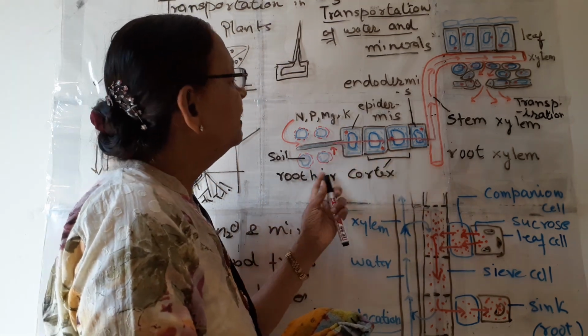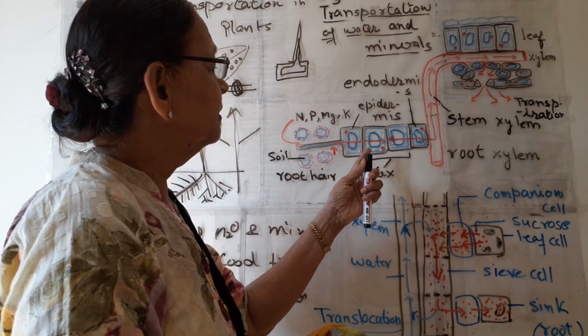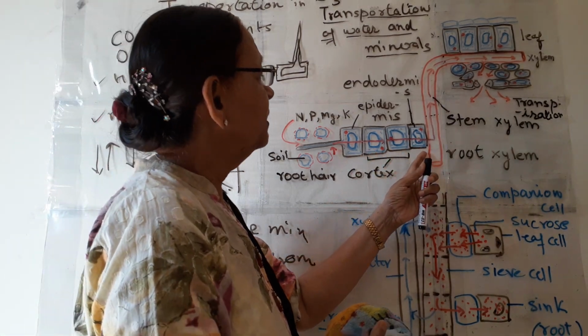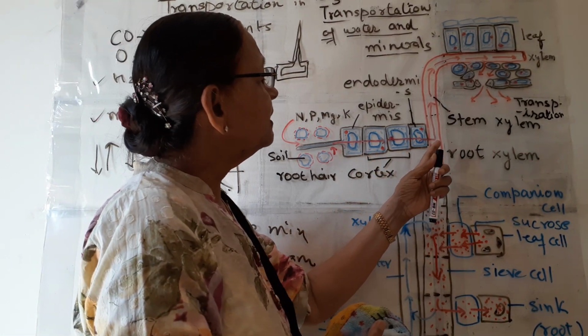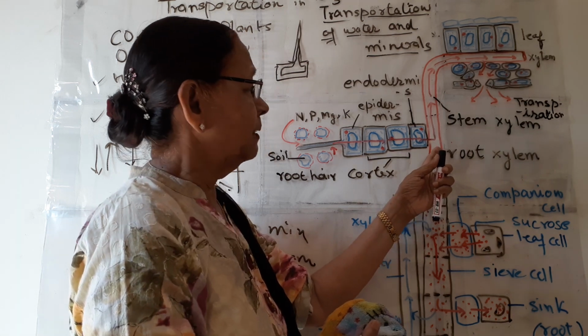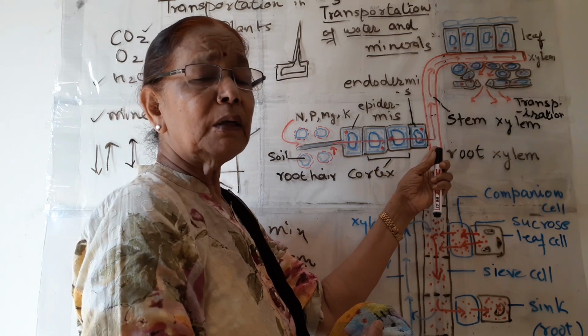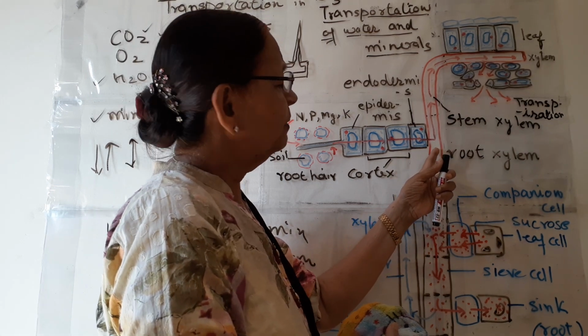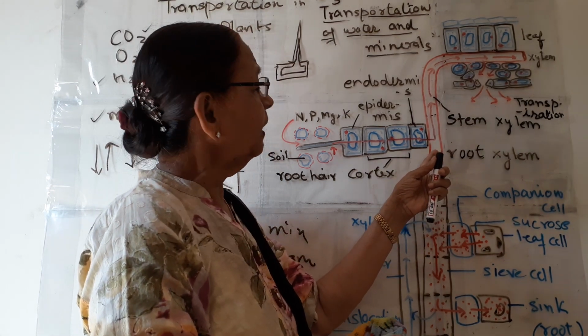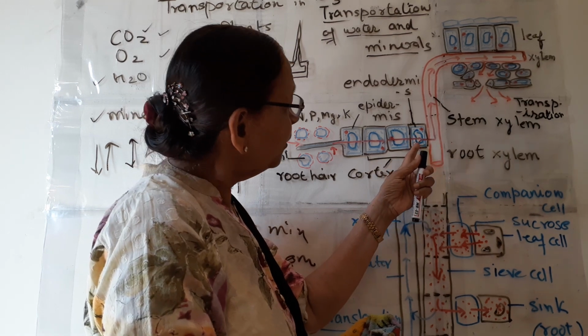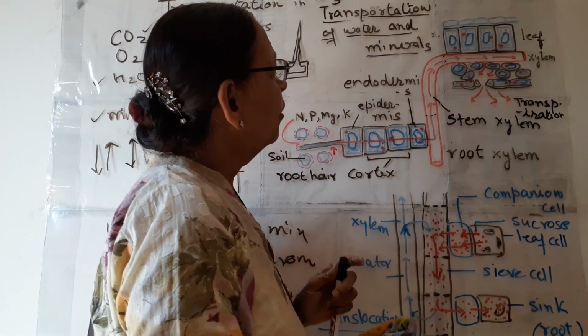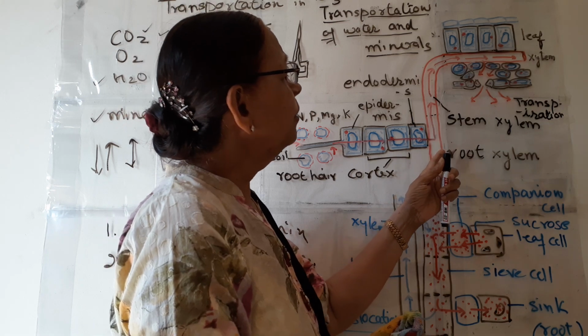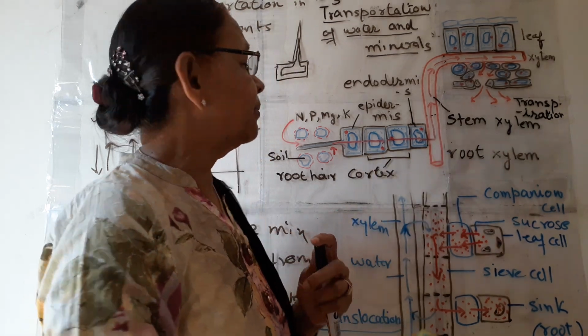Next is the endodermis. This endodermis is near the vascular bundles. All of you have learnt about vascular bundles in 9th. So these are vascular bundles having xylem and phloem. From the endodermis, the water and minerals come to the xylem of the vascular bundle.